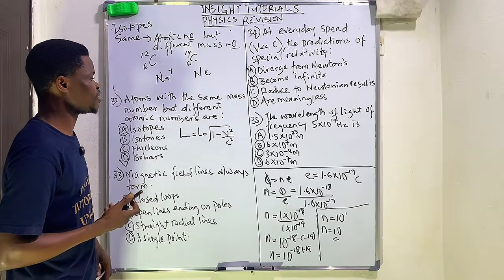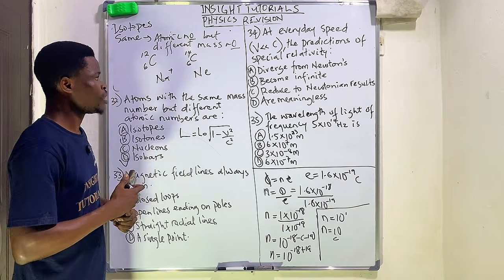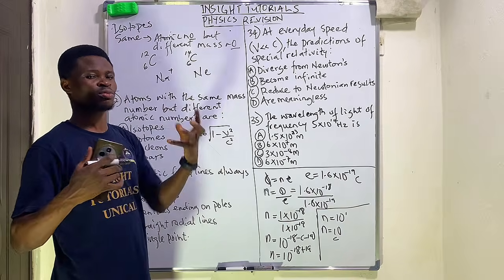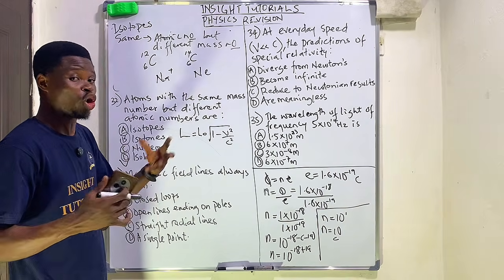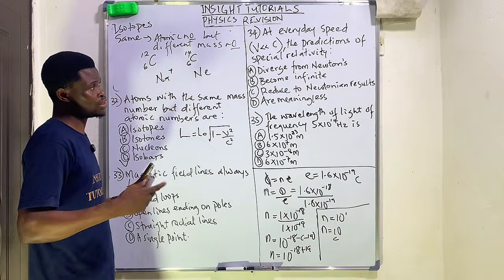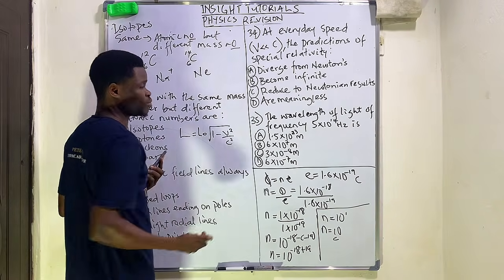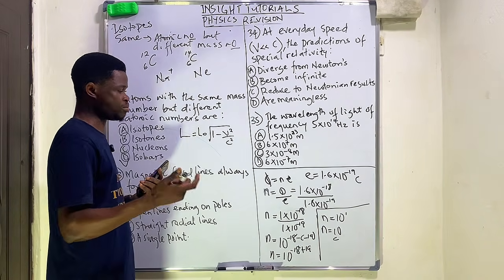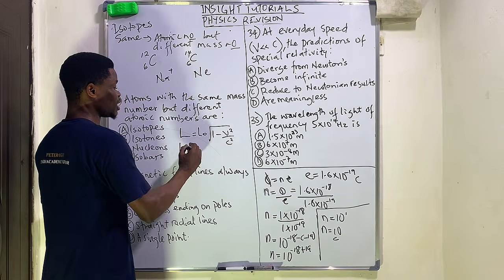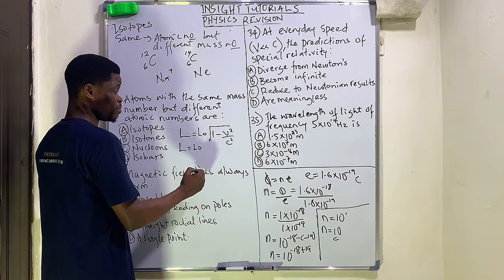It happens that in this particular situation, if the velocity is too small and it's almost equal to zero, and if we write it as zero because it's too small compared to the speed of light, it's not really significant to measure with. So we can have it that the contracted length is equal to the proper length.